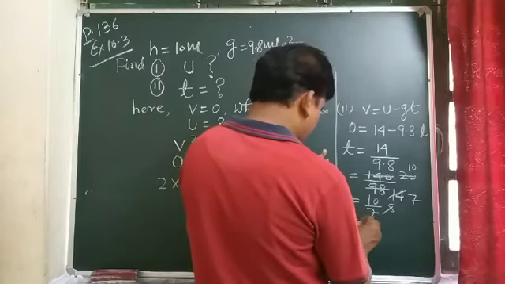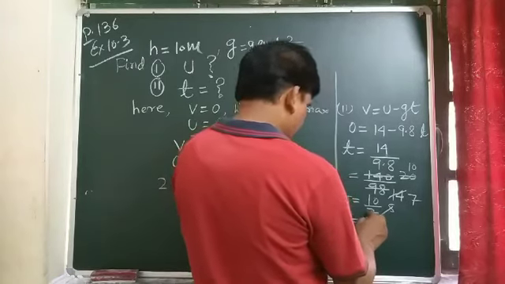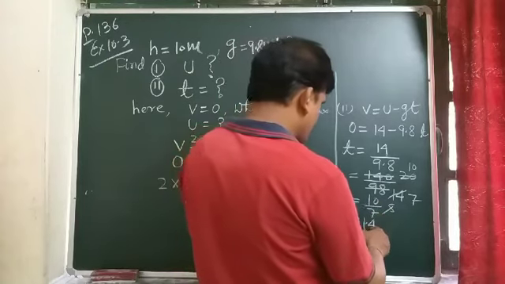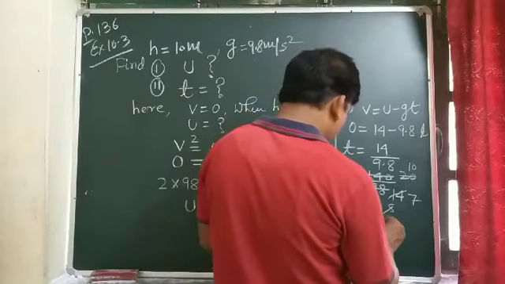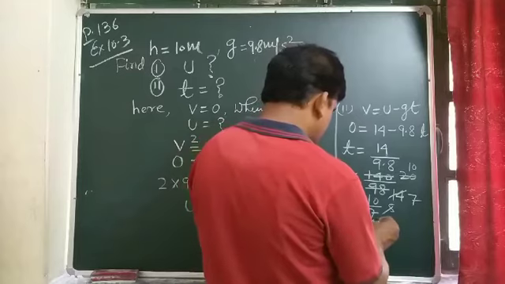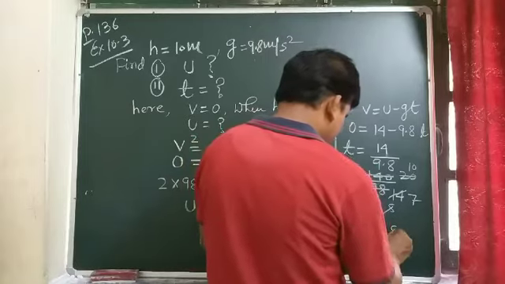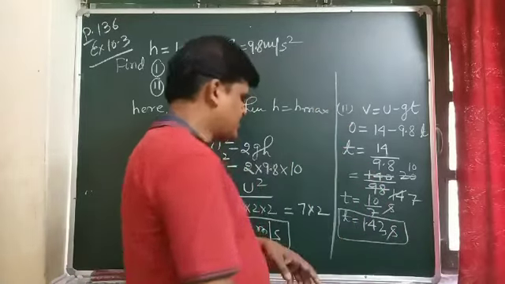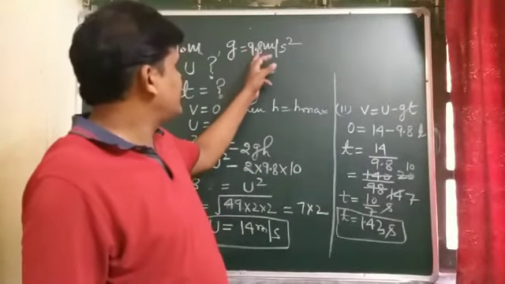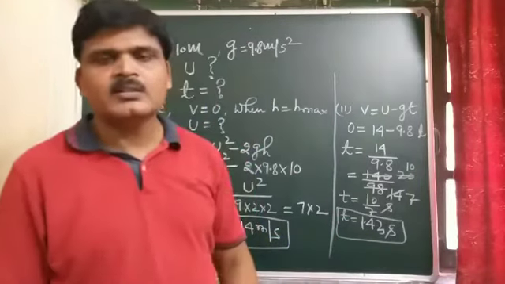That is nearly t equal to 1.4 second. So the time taken by the object to reach maximum height, when g is taken to be 9.8, comes out to be 1.43 second. Thank you.